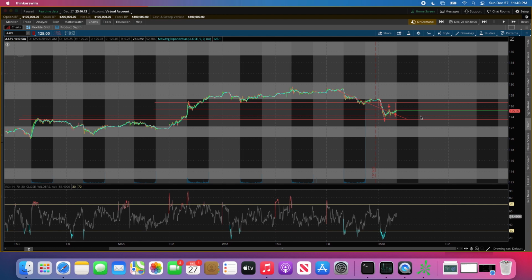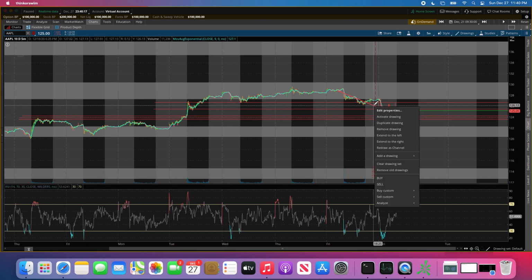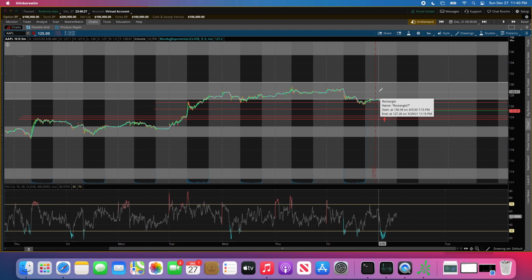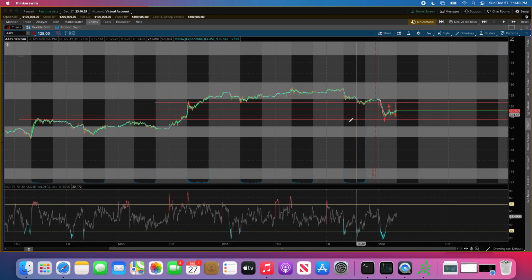So basically, on the 5 minute, let's go ahead and take this off real quick. On the 5 minute right now, it is very similar to my 4 hour time frame, as far as having my support and resistance areas marked.